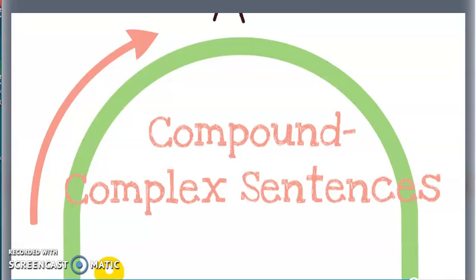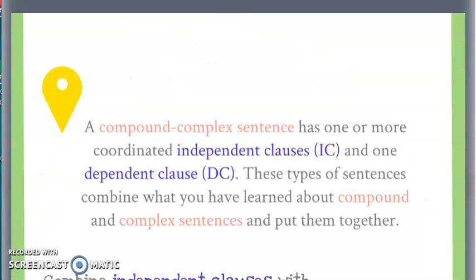Lastly, we have the compound complex sentences. Here, it has one or more coordinated independent clauses and one dependent clause. These types of sentences combine what you have learned about compound and complex sentences and put them together.